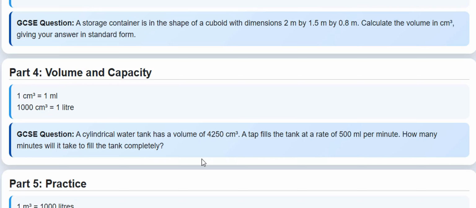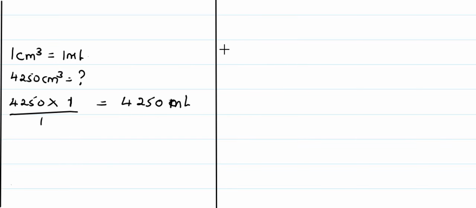But you see, in the question you are told a tap fills the tank at a rate of 500 milliliters per minute. So every 1 minute, let me call it 1 minute, like that, the tank has 500 ml put in it. But then we ask ourselves, how many minutes will it take to have 4250 ml in the tank?